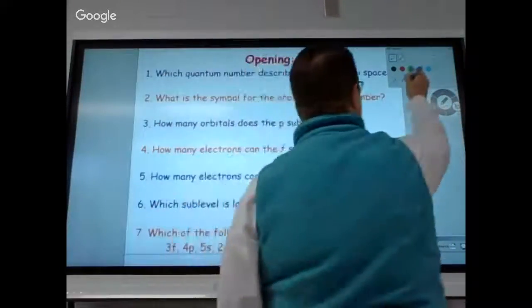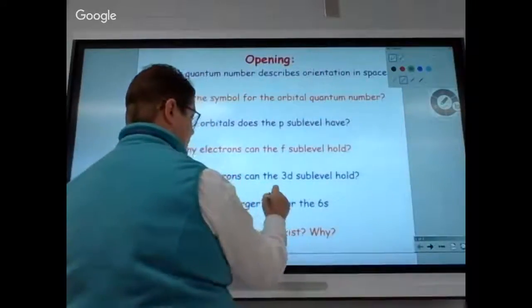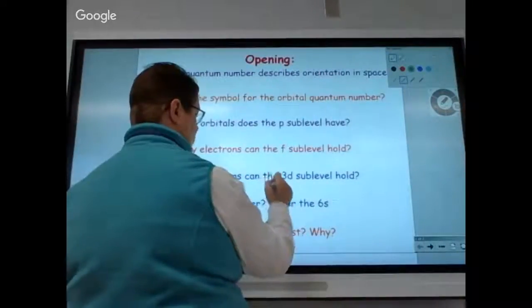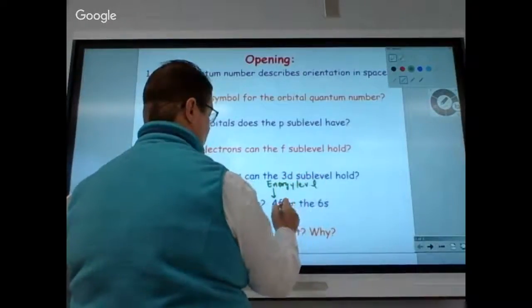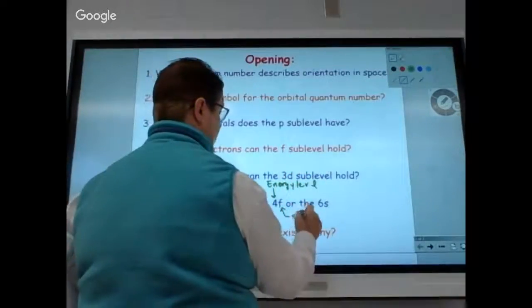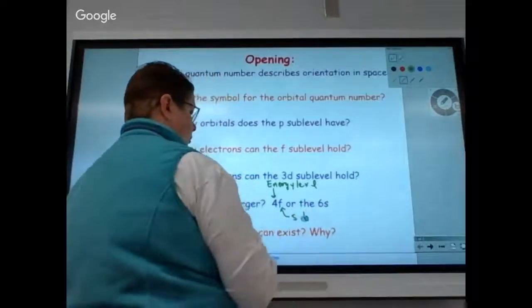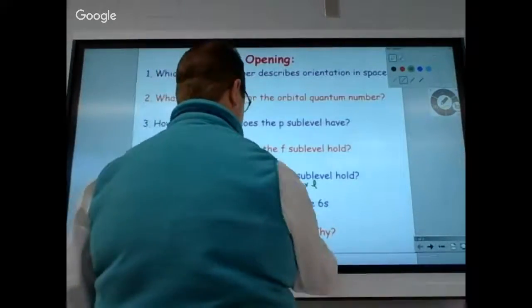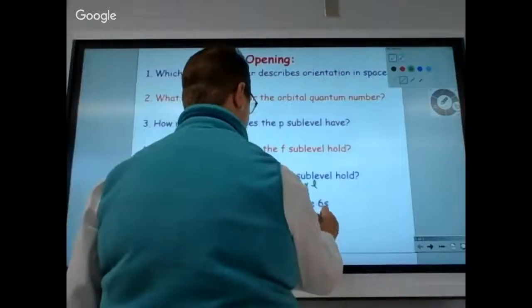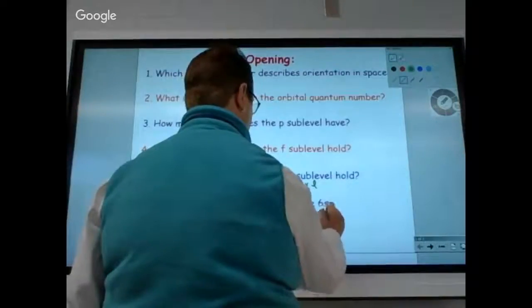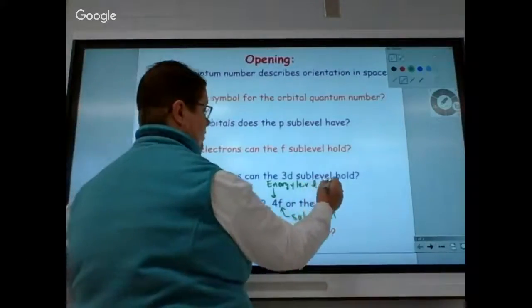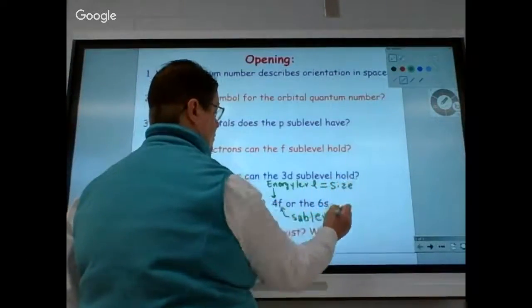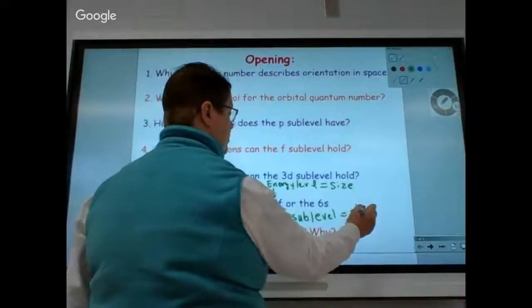This right here is the energy level. This is the sublevel. So if energy level tells size, sublevel tells shape.